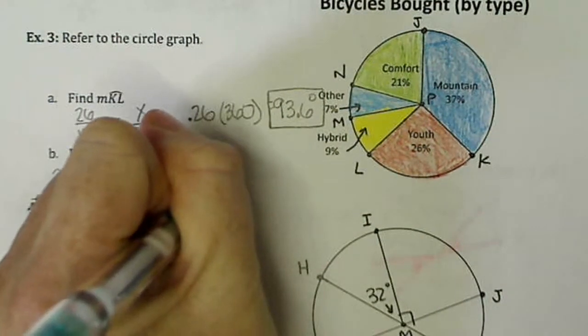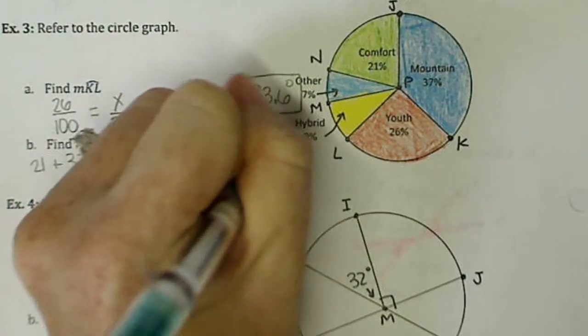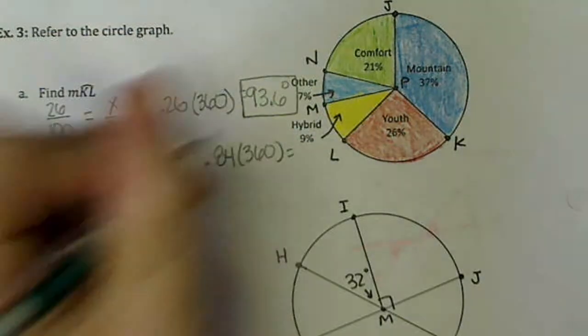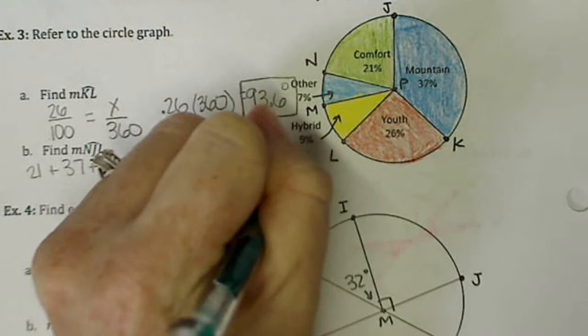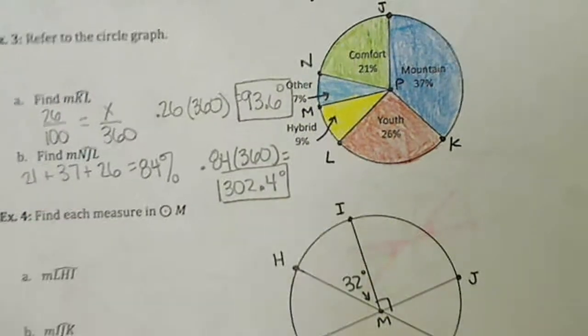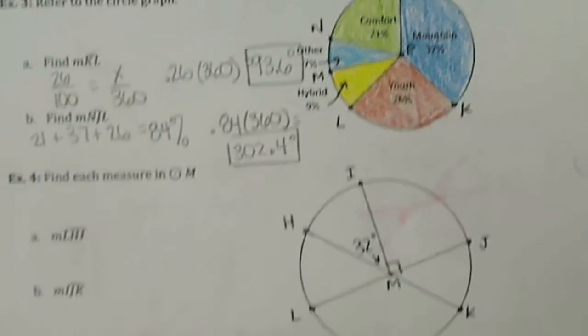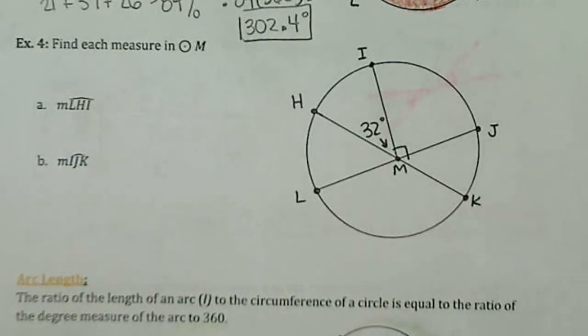Let's do an equation this time. 0.84 times 360 equals how many degrees? 302.4 degrees. Awesome.